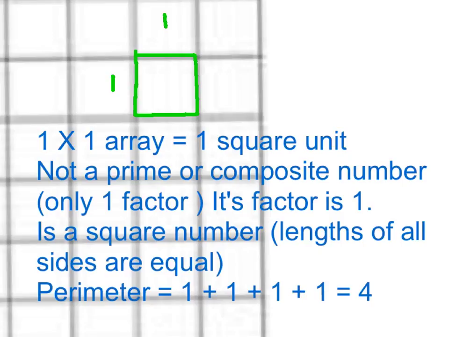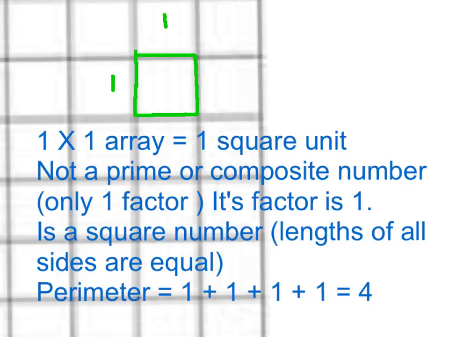This is a 1 by 1 array, meaning that it is 1 square unit. So its area is 1 square unit. A 1 by 1 array is not prime because prime arrays need 1 and another factor. The array of 1 is not composite.